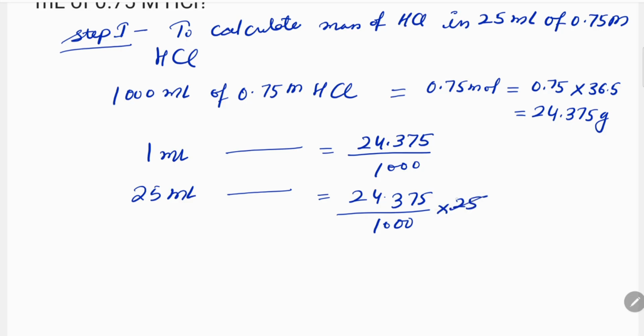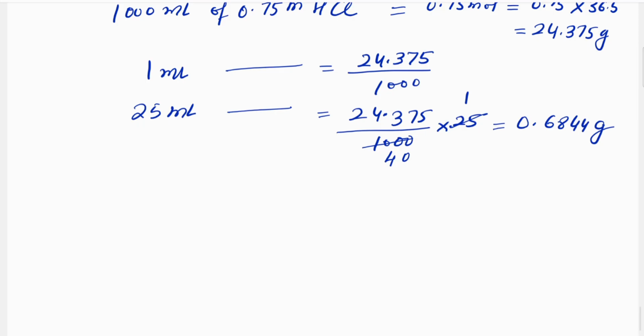Okay, so 25 ones are 25, 25 fours are 100, and it becomes 40. And when we divide it, it comes out to be less than 1, obviously, 0.6844 grams. So this much gram of HCl was present in 25 milliliter of 0.75 molar HCl.